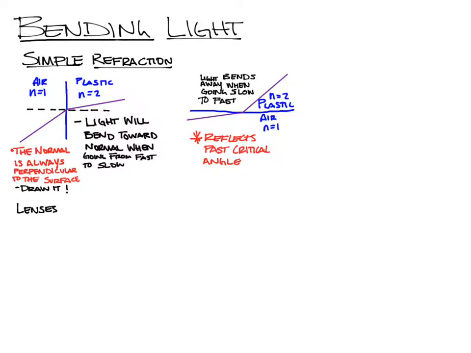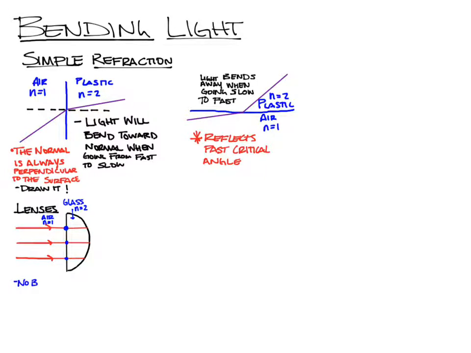So here's a very simple drawing of a lens. We're going to have air there. We're going to have glass right there where n equals 2. It's, I guess, just like our plastic. And we're going to look at how light coming into that piece of glass bends because of the glass. Now, the first thing that we're going to run into is that surface.